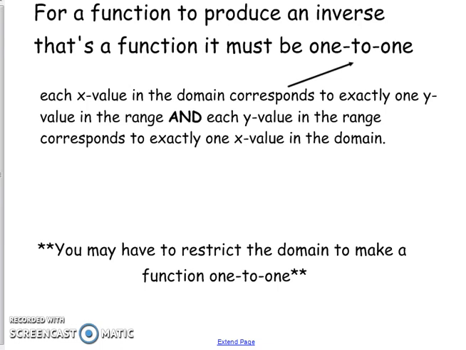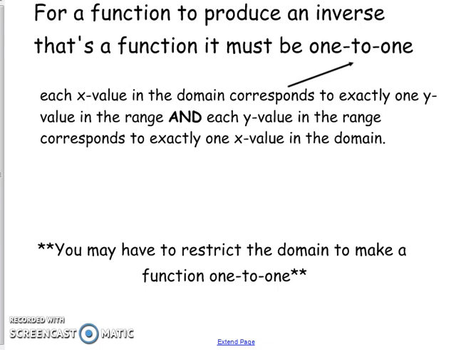So when we flip the original function to find the inverse, the range becomes the domain and the domain becomes the range, the x's and the y's are all flipping. So if the original function has repeating y values, that means that the inverse will have repeating x values. So one-to-one functions, everything is separate. There's no repeating x's, there's no repeating y's.